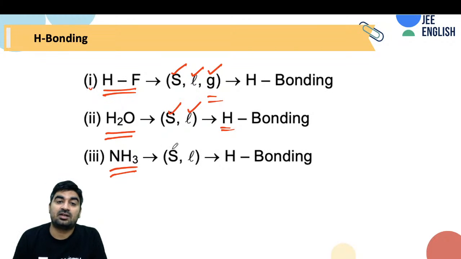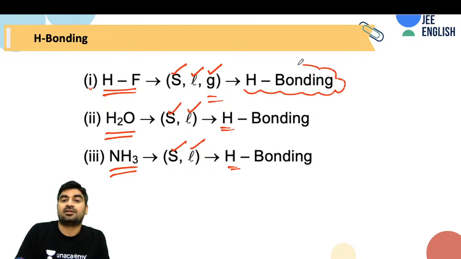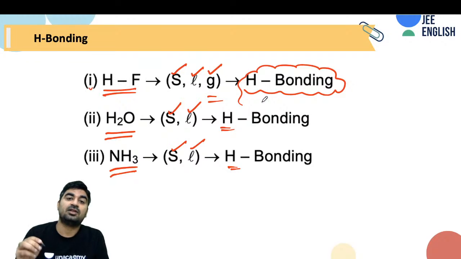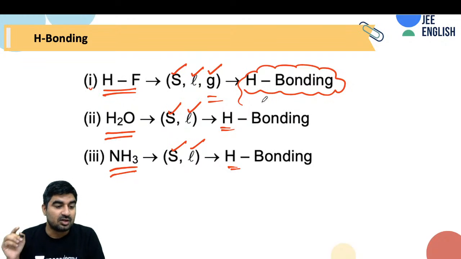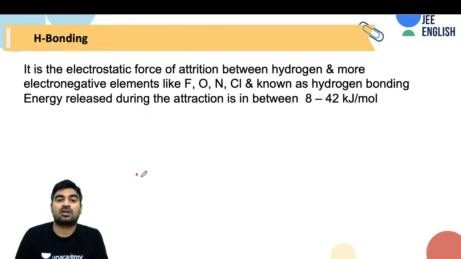In ammonia again, in the gaseous state there is no hydrogen bonding. So now the question arises: what are the factors on which hydrogen bonding depends? Can you tell me?